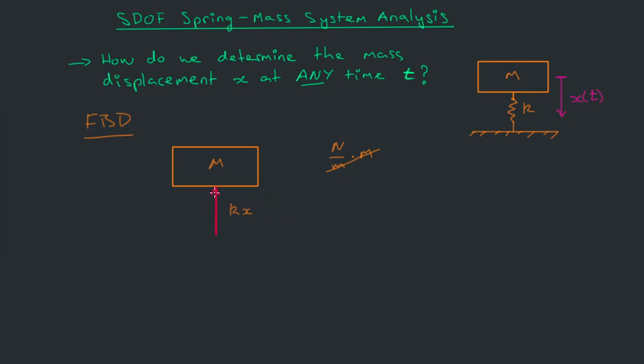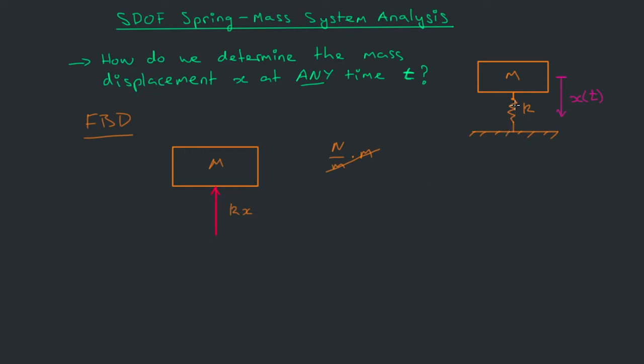Now, the way you determine this arrow, and this is quite important because it's easy to get wrong, is from our predetermined direction. We are taking x of t as positive down. So when I'm drawing my free body diagram, I pretend I'm taking this mass and moving it down.